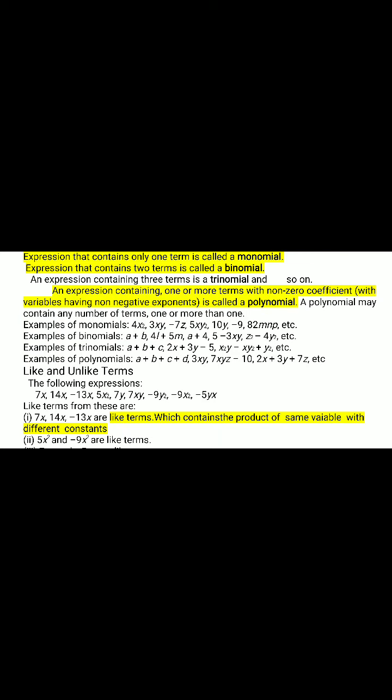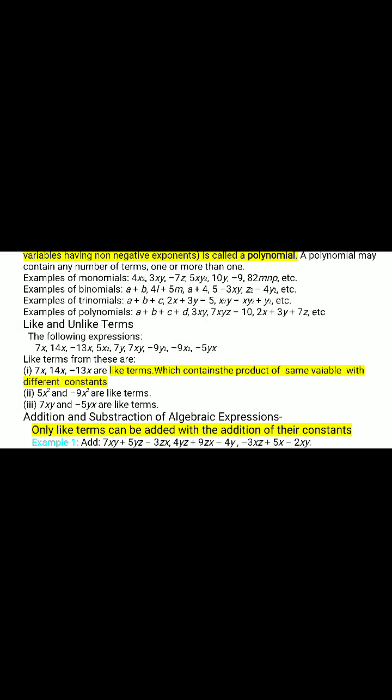Now, like terms and unlike terms. Like terms are expressions which have the same variable part; they differ only in their numerical part. Suppose we have 7x: its variable part is x and 7 is the constant part. 14x, variable part x, constant 14.